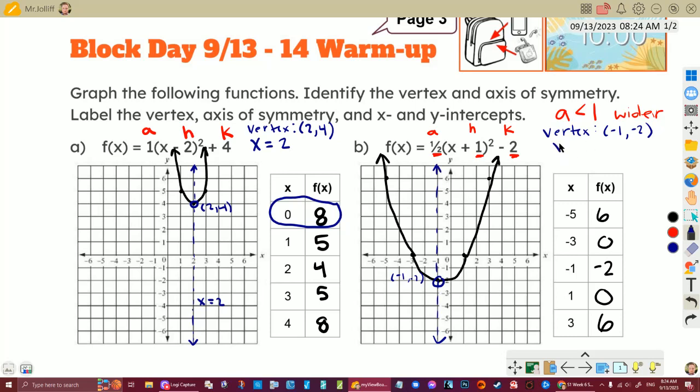So we know the equation for that line is x equals h. And then the intercepts, I see one right here, one right here, and one right here. So I know that my x-intercepts are -3, 0, and 1, 0. I can see those in my table.